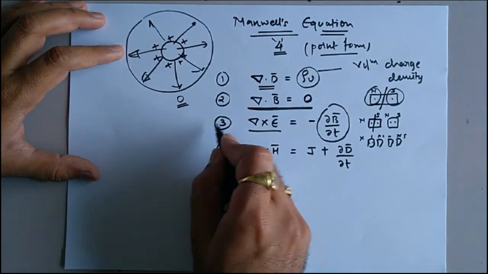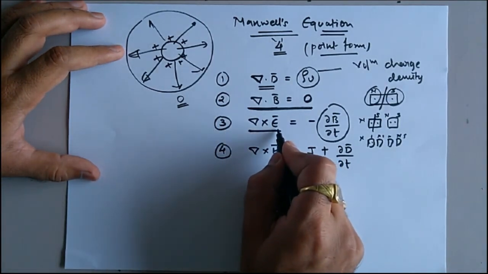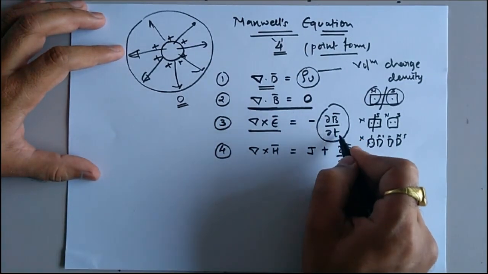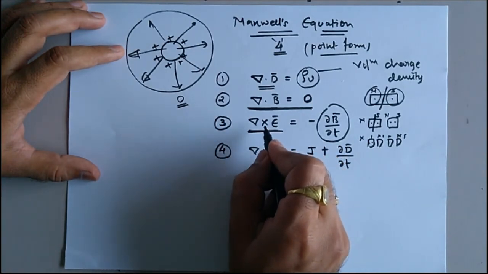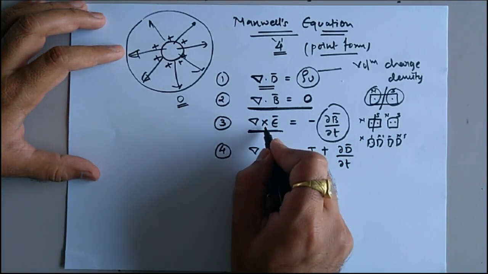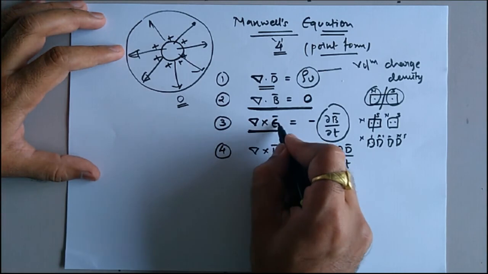So Maxwell equation 3 indicates that space varying electric field is responsible for the production of time varying magnetic field. And if you see this particular operation carefully, it is nothing but curl. Why is it curl? Because here we are taking a cross product between our del operator and another vector field.